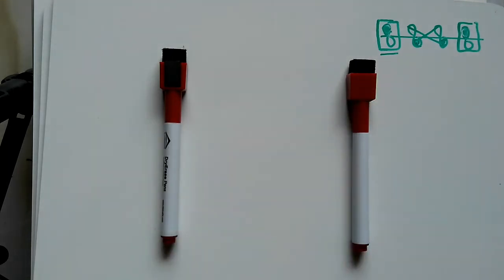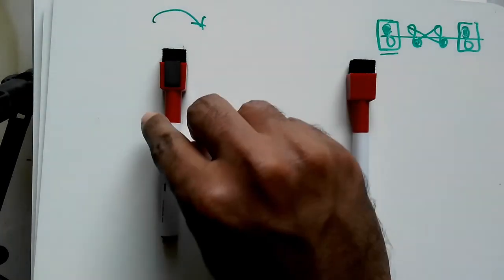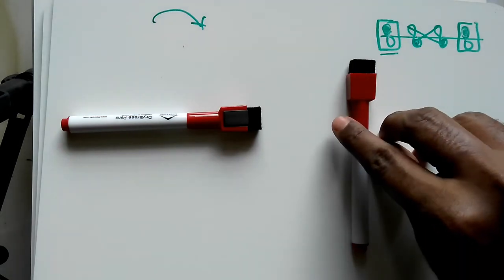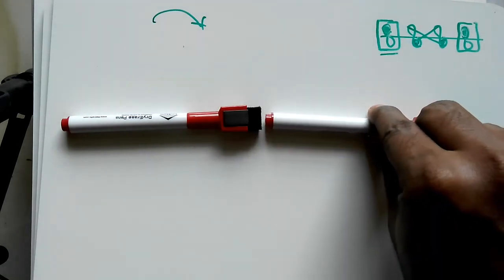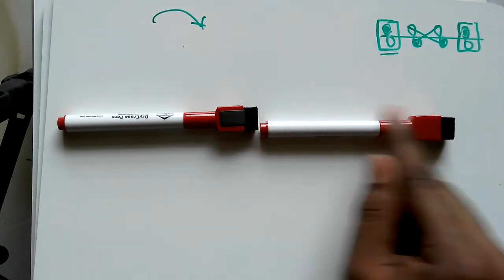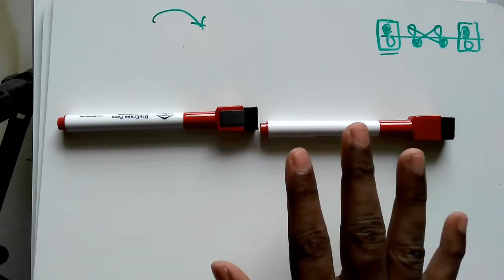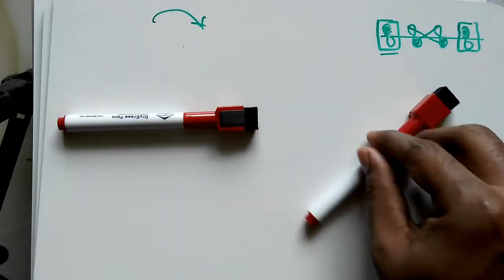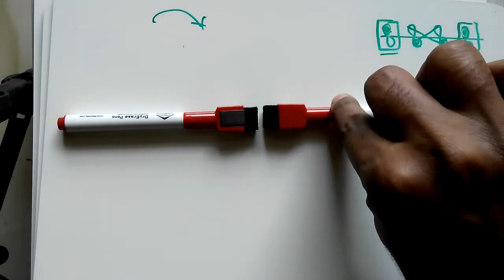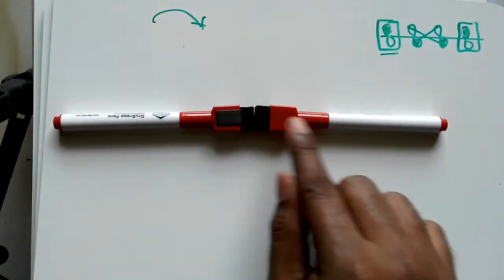This phase is up, this phase is up. Now suppose I move this in the clockwise direction, and I move this also in the clockwise direction. So what happens? This red part and this red part are on opposite sides. They are not meeting each other, so this will not lead to the formation of any bond. Now suppose this one moves in the anti-clockwise direction. This movement is called anti-clockwise, and the red parts meet.